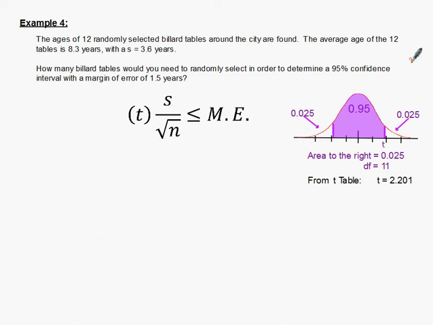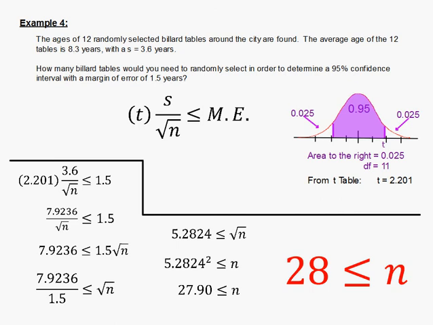We actually could, with proportions, estimate being conservative without a pilot study, but that's actually not possible with means. We actually have to have some kind of pilot study to begin with. And of course, we calculate, and in this case, we would need to randomly select at least 28 billiard tables around the city in order to get the margin of error that we're interested in.